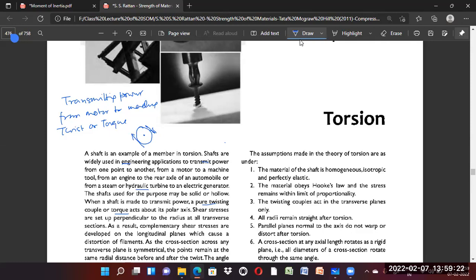Now, as a result of this twist or torque, shear stresses are developed on the longitudinal planes, which cause distortion of the filaments.